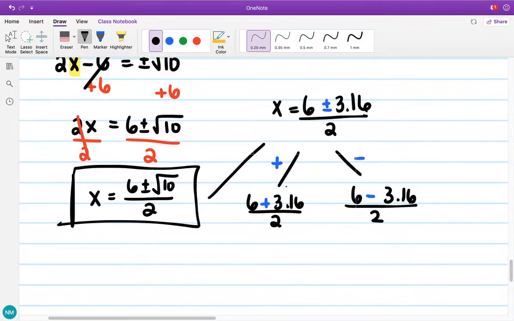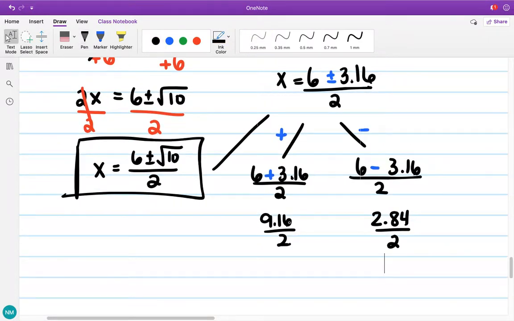Okay. So this becomes 6 plus 3.16 is 9.16 over 2. And this one's not as easy, but 6 minus 3 is 3, and then minus 0.16. You could put it in the calculator, but it's going to be 2.84 over 2. You could put this in a calculator and just divide it by 2.